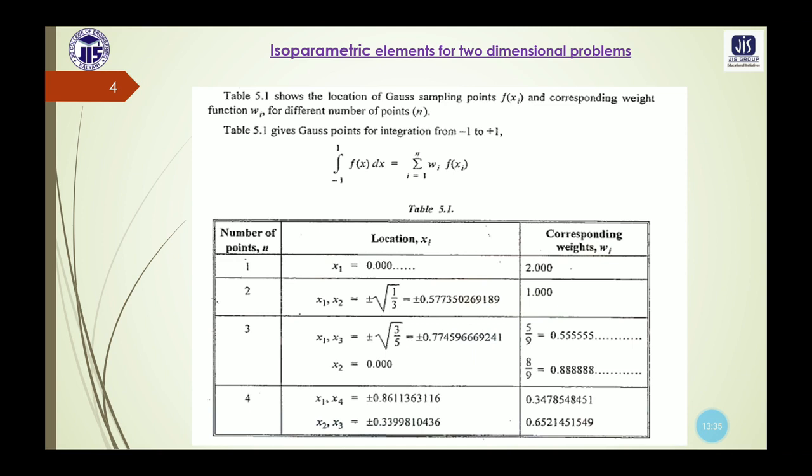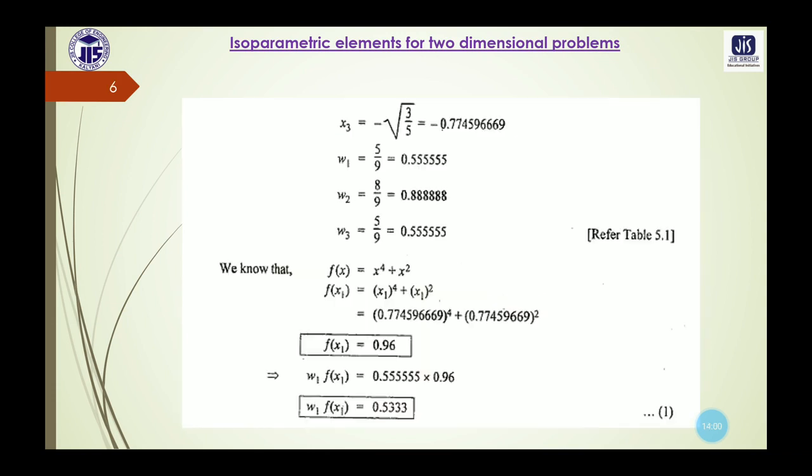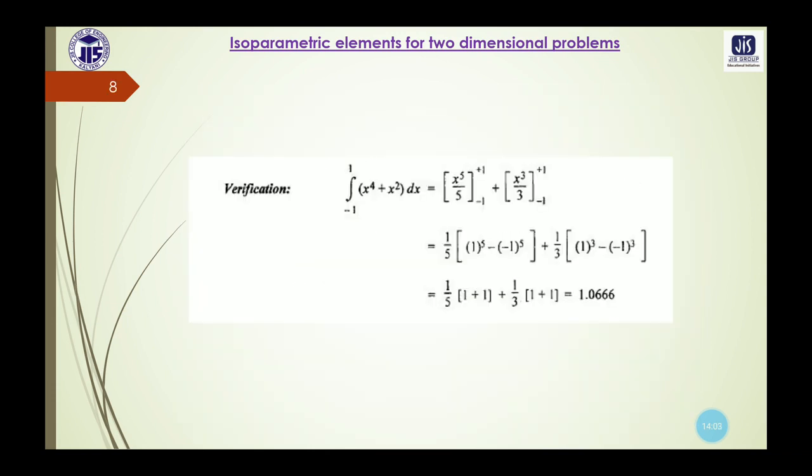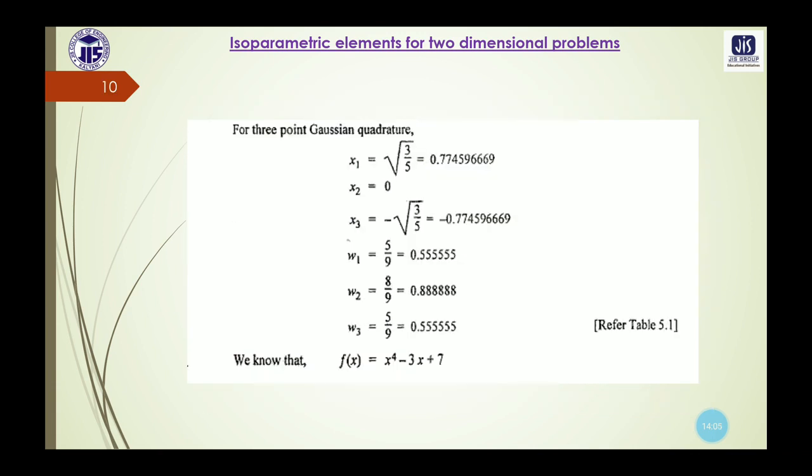So x1 is plus root under 3 by 5 and x3 is minus root under 3 by 5, and corresponding to x1 and x3 the weight is 5 by 9. Then x2 is 0, and corresponding to x2 the weight is 8 by 9. These values for the 3 sampling points we need to use in this second numerical. So first we have written the values of x1, x2, x3, then w1, w2 and w3 from the table.